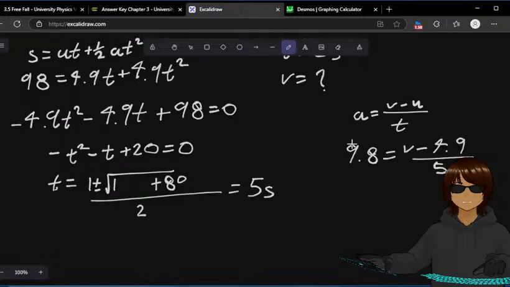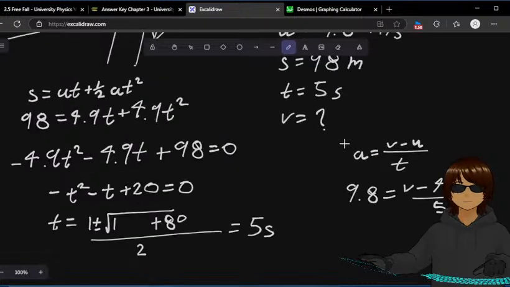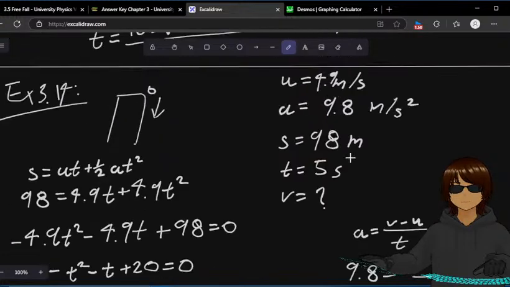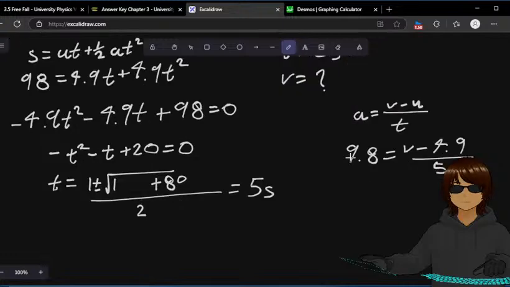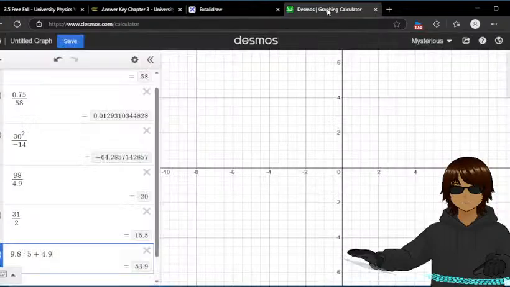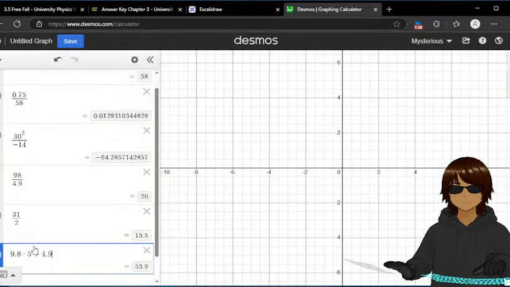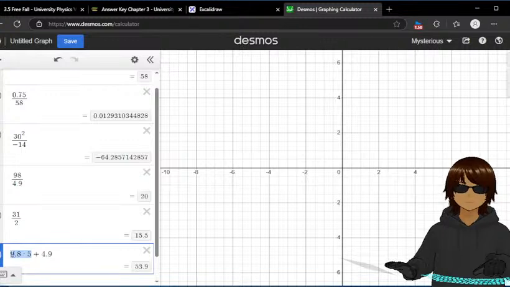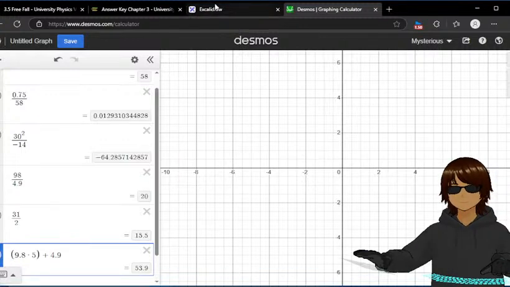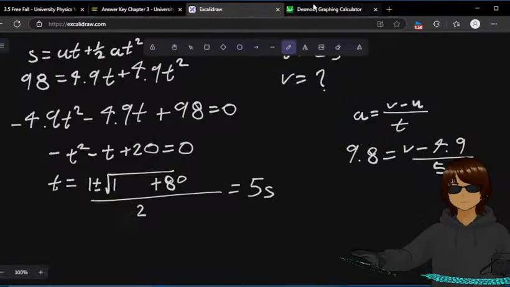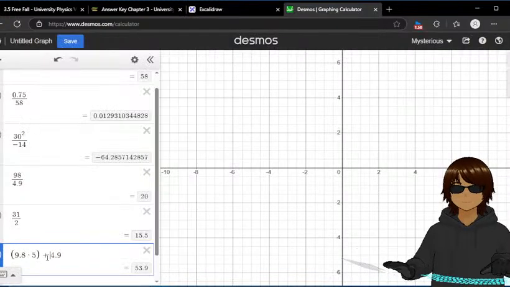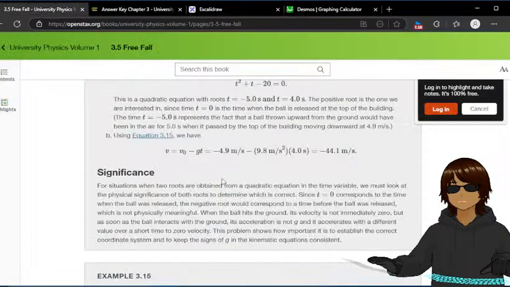Why do I keep getting it wrong? Yeah, minus u times 5. This is correct, 44.1.